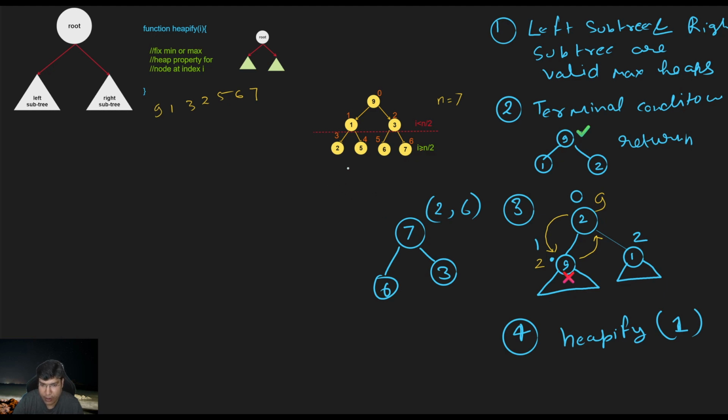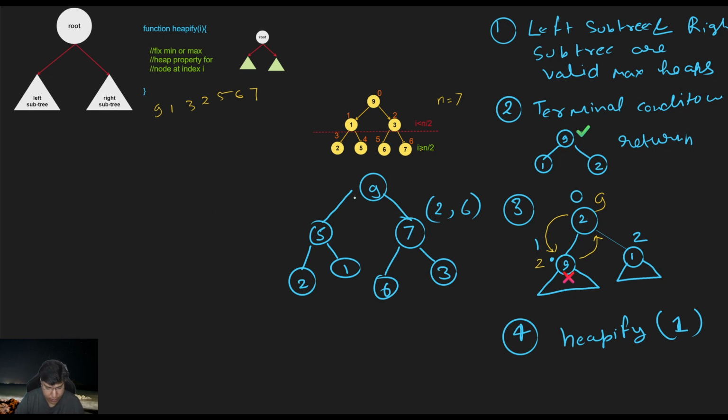And now coming to the index number 1, which is our left subtree, we can say that 5 is the largest number, so 1 comes at the position where 5 was earlier, 2 remains at its own position. Now again we go to 0 and we see that 9 is already the largest number of 5, 7 and 9, so nothing happens and we stop calling heapify anymore.